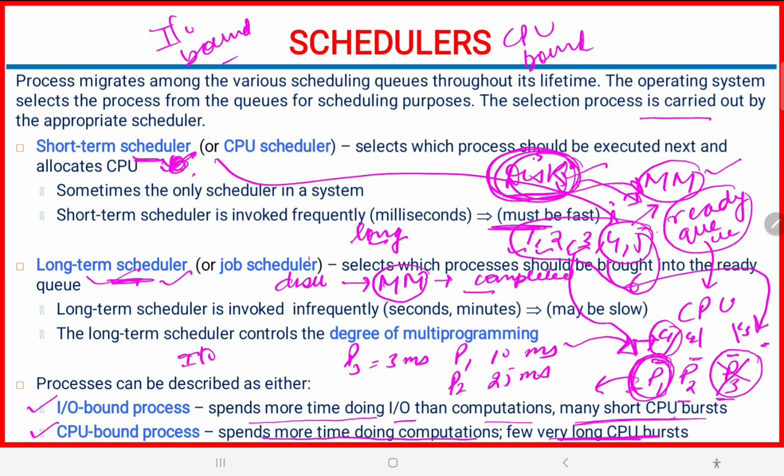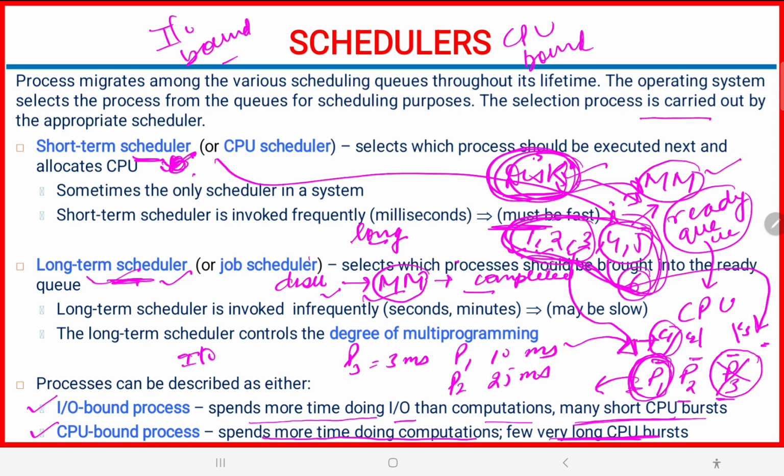As of now, only 4 processes are competing for the CPU, and they are getting these 3 cores. In that case, the long-term scheduler can bring 2 more processes from the disk onto the main memory, so that again there are 6 processes in the ready queue, out of which some are executing with the CPU and some are waiting.